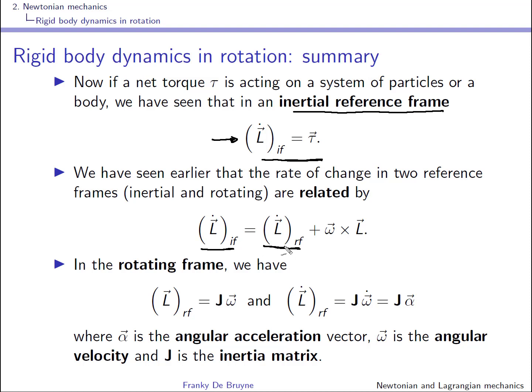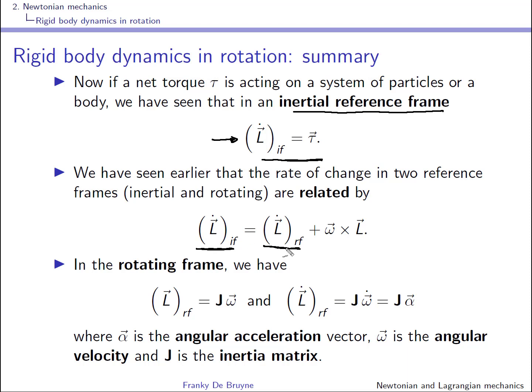Remember, we have already used this for the velocity vector and for the acceleration vector, for instance, when we saw the different fictitious forces, Coriolis force, etc. So now I'm applying the same formula, but to the derivative of the total angular momentum.